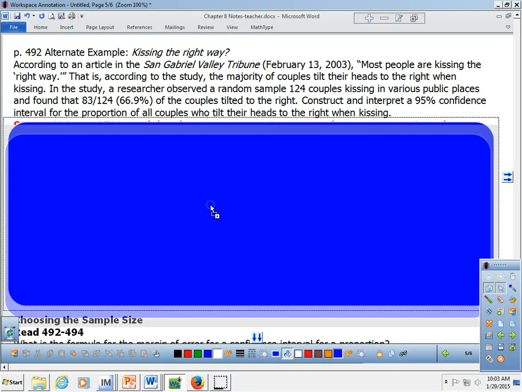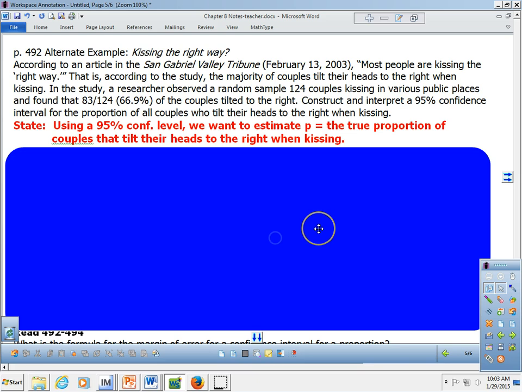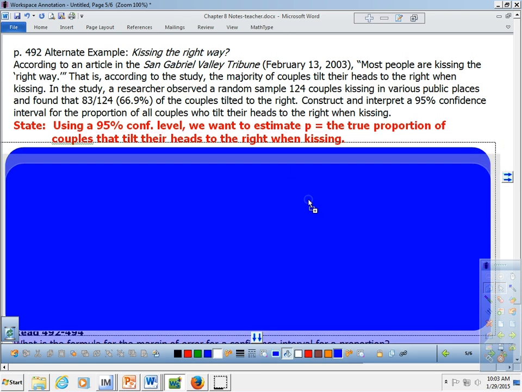State. This is one example of how to word this. Using a 95% confidence level, we want to estimate p, which is the true proportion of couples that tilt their heads to the right when kissing. There's your context that we're going to use in your conclusion in just a second. Plan.